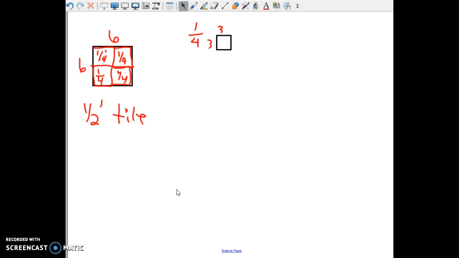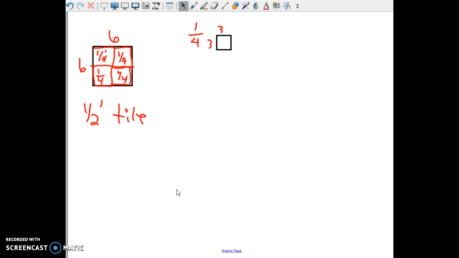So it takes 4 of these to cover that. How are we going to figure out how many 3 by 3 tiles? If it takes 35 6 by 6, how many 3 by 3? What are we going to do? Divide it by 2. Why would we divide that area?